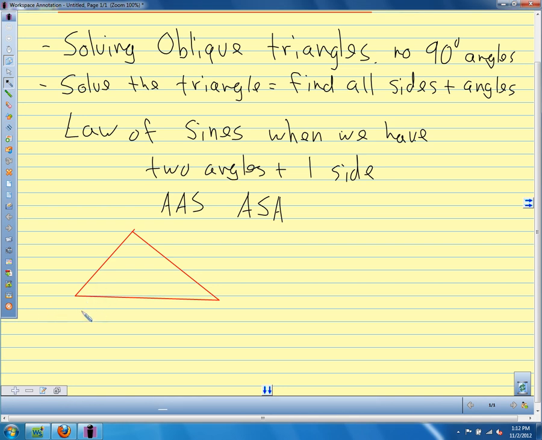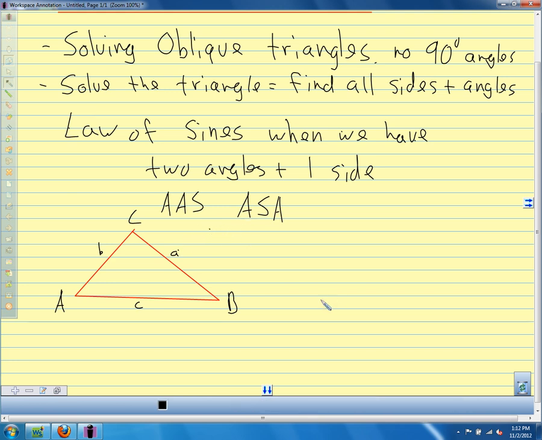So we call the triangle ABC. And the side opposite the angle we label with small letters. So that would be side a, side b, and small c. So this is how we're going to label our triangles for this unit.